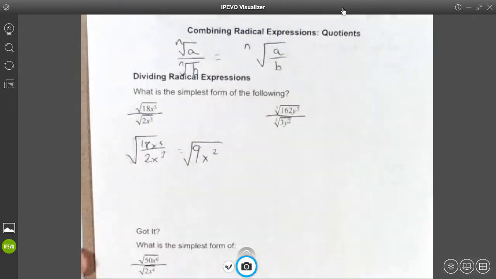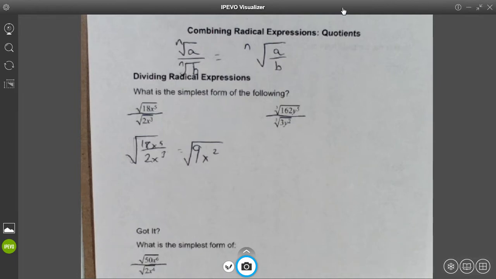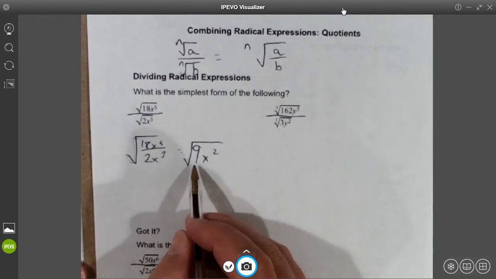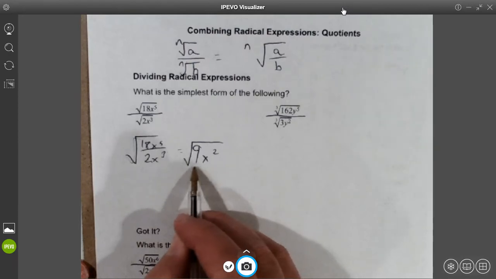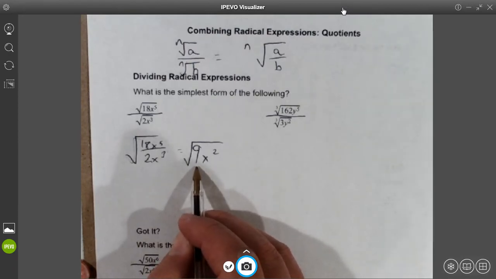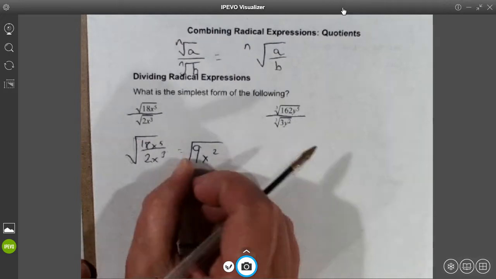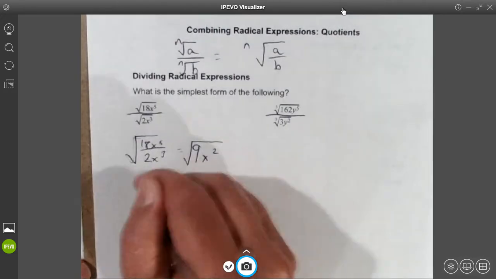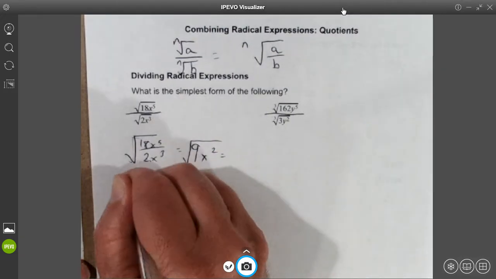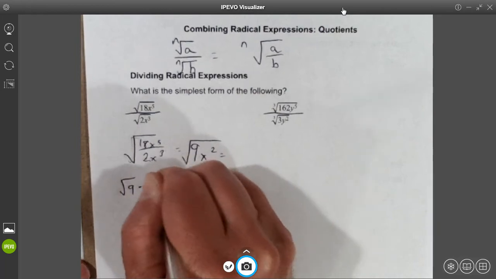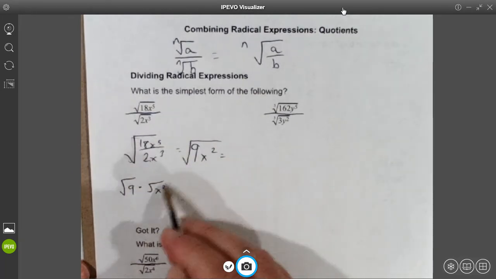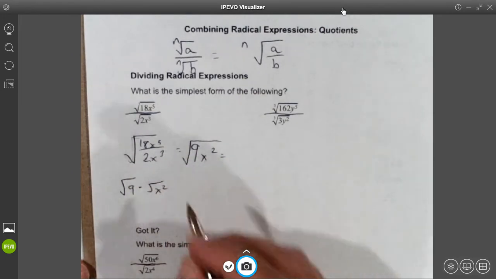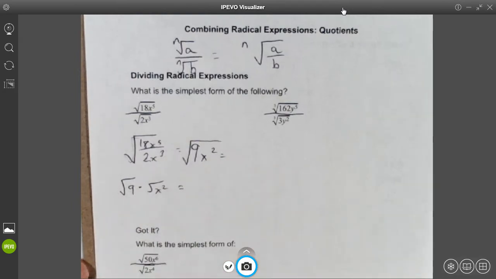Now, I still have the square root around that. I haven't done anything with the square root yet. So I've got the square root of 9x squared. Now, go back to day 1. If I've got a product, I can rip this apart. So I can look at this as the square root of 9 times the square root of x squared. Some of you might not need this middle step, but I like to do it just to keep things in line.